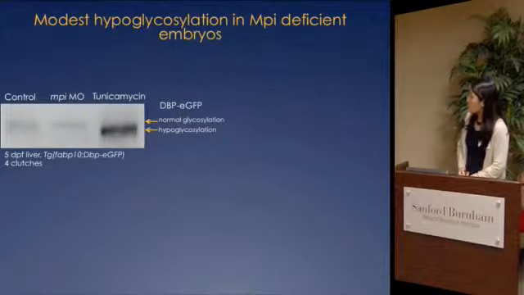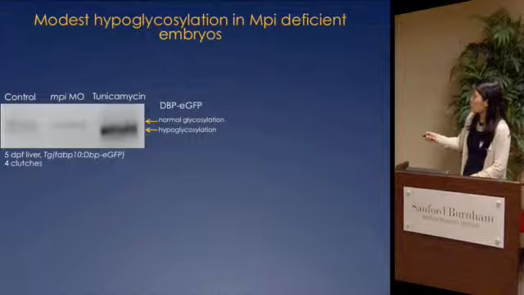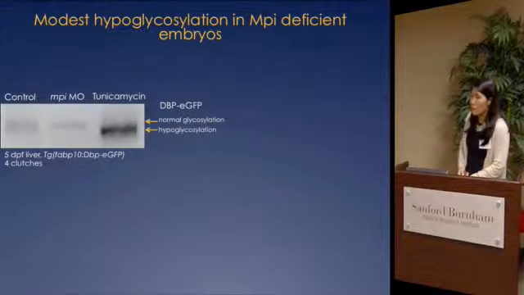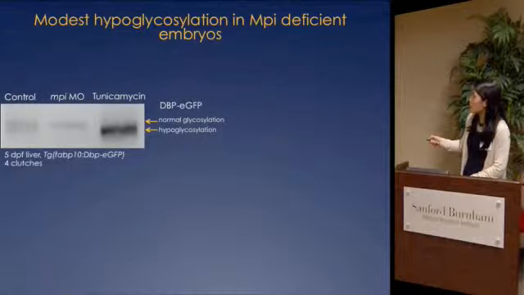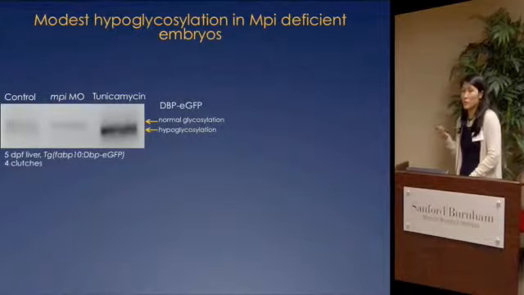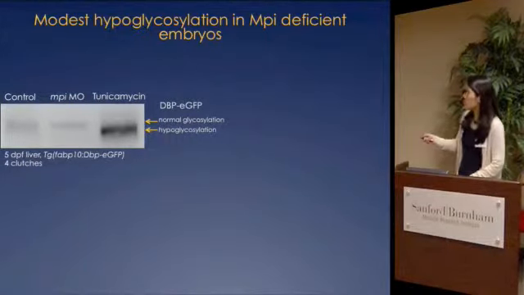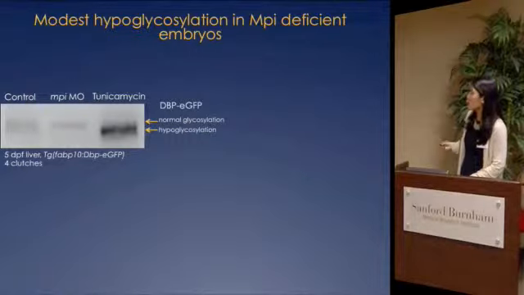So surprisingly, we used a transgenic which expresses a glycosylated protein in the liver. And when we looked at our MPI morphants, the glycosylation in these liver tissues, which we don't get very much tissue from, did not look like there was any shift to show hypoglycosylation. And we used tunicamycin, which was presented earlier, and disrupts early glycosylation and is an ER stress inducer.